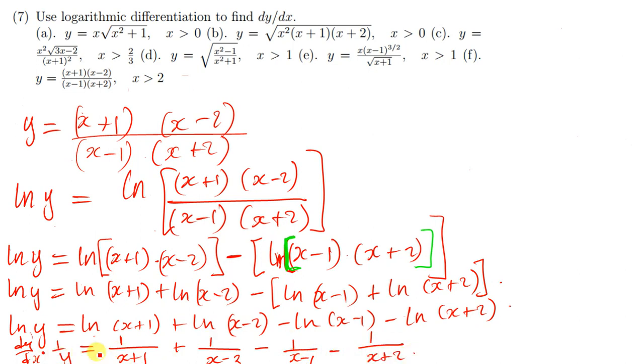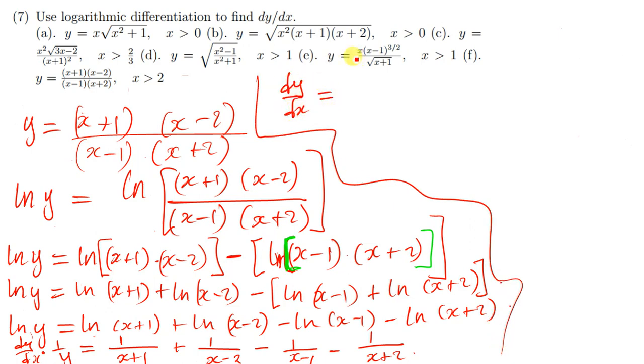So after doing this, you can now cross multiply and then replace the value of y to find the final answer. So dy dx becomes 1 over x plus 1 plus 1 over x minus 2 minus 1 over x minus 1 minus 1 over x plus 2.